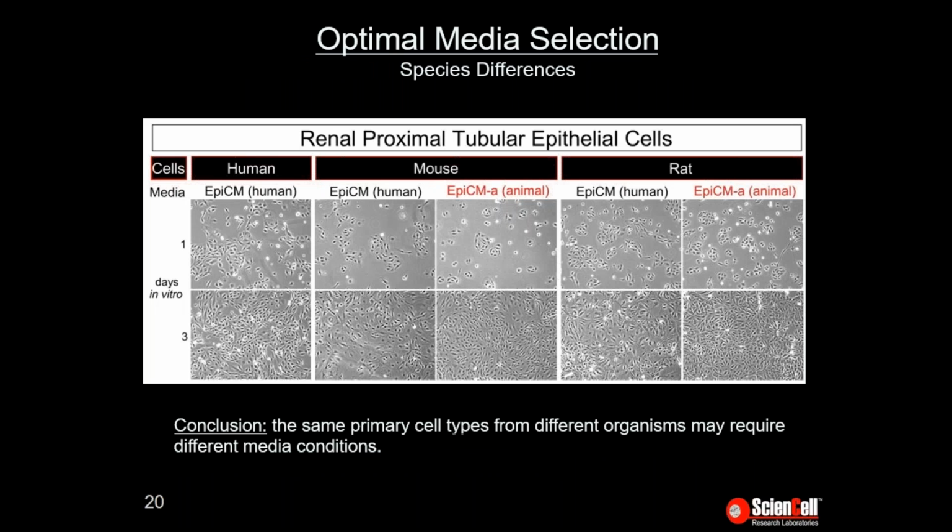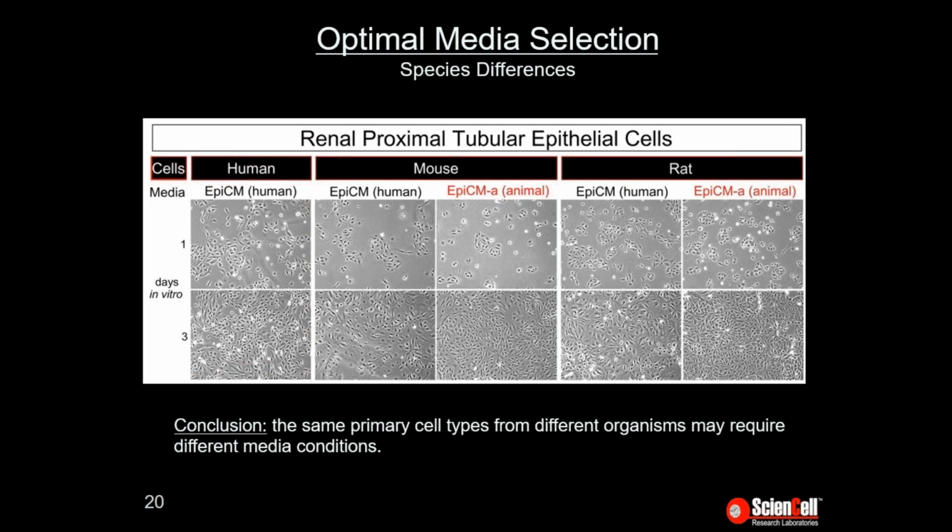While some medium works well across species, it is also important to remember that the same cell types from different organisms may have different media requirements. For example, these are primary renal proximal tubular epithelial cells from human, mouse, and rat. The left image shows human cells grown in epithelial cell media optimized for these human cells.